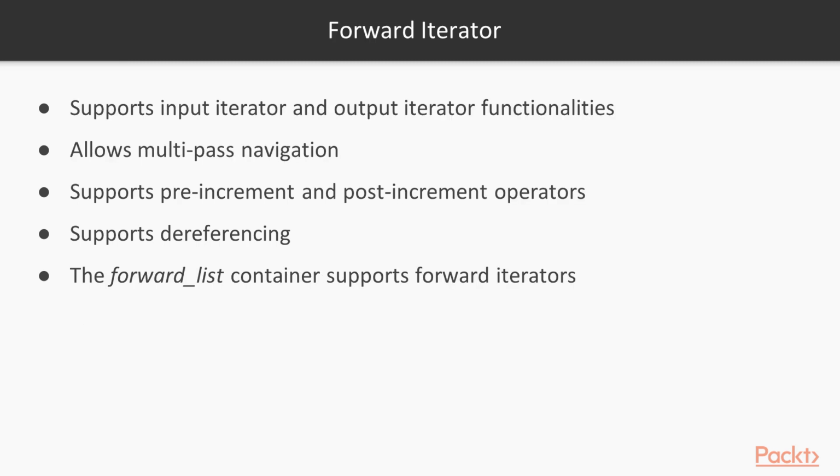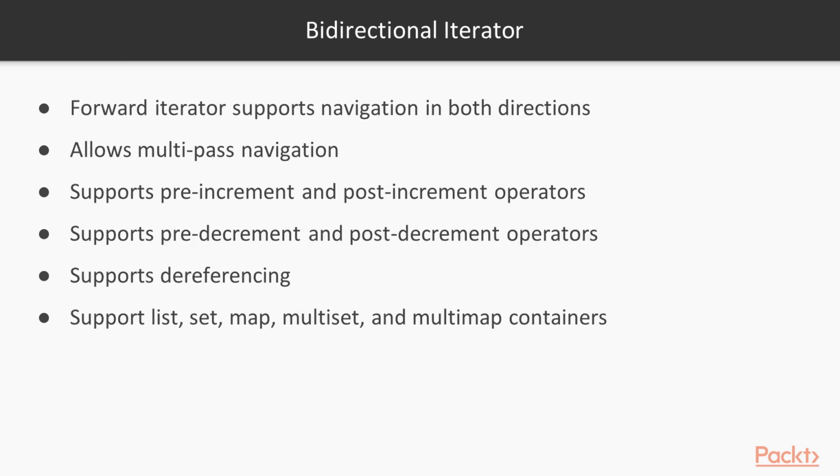Further, we will discuss forward iterator. It supports the input iterator and output iterator functionalities. It allows multi-pass navigation. It supports pre-increment and post-increment operators. It supports dereferencing. The forward list container supports forward iterators. Then we will look into bidirectional iterator.